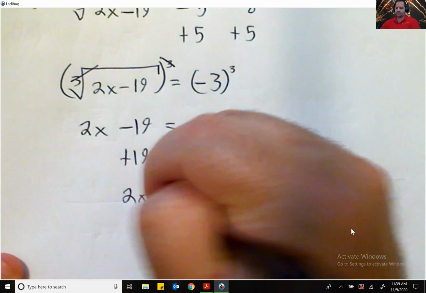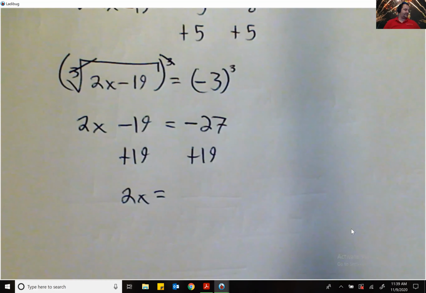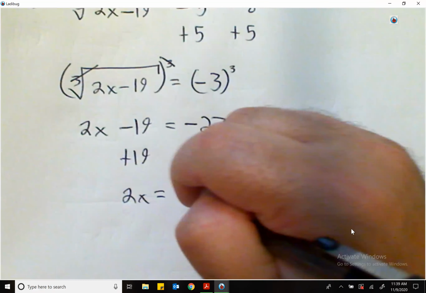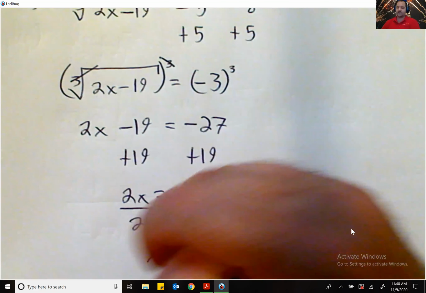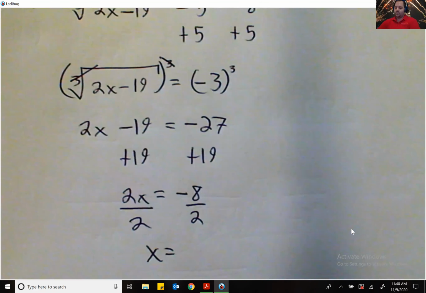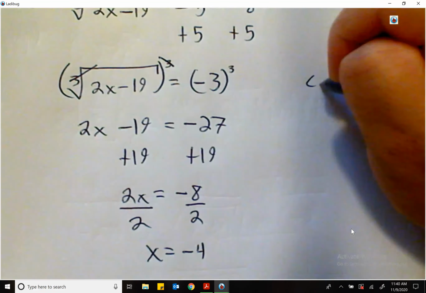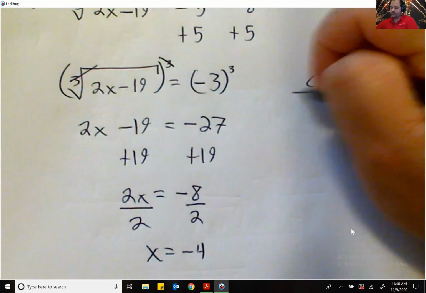So 2x is equal to, what's negative 27 plus 19? Negative 8. Okay. And negative 8 divided by 2 gives us negative 4. Now you must check this answer, just like before.